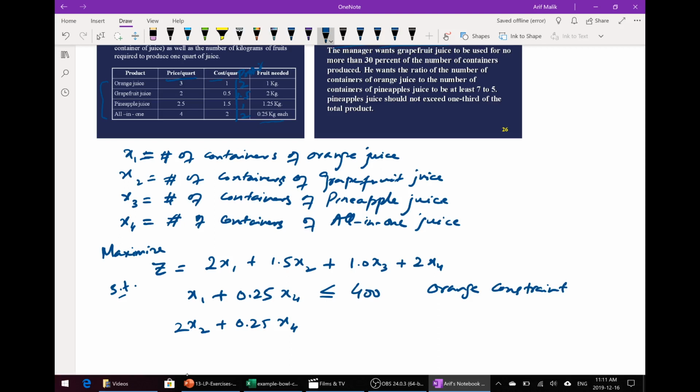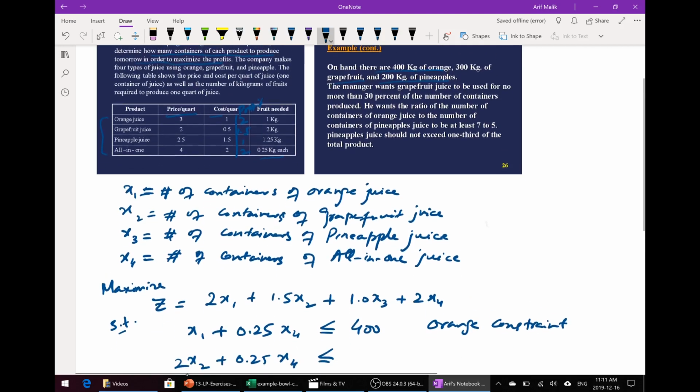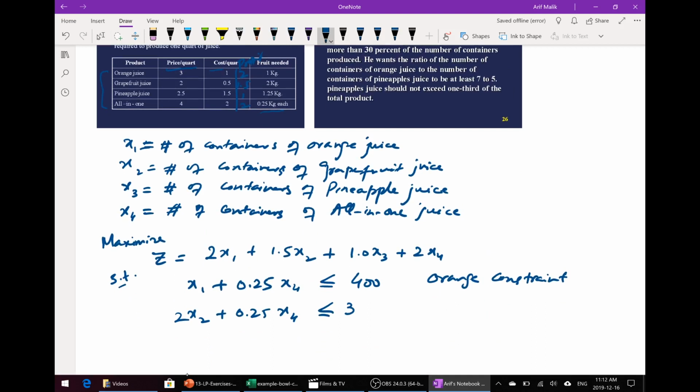This is again less than or equal to 300 kilograms, the total available grapefruit.